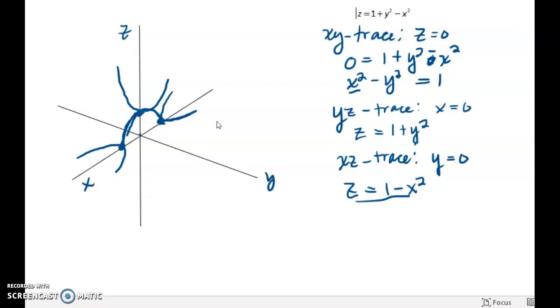So, what exactly are we looking at here? Well, if we go a little bit higher, which I think is necessary, say to the z equals 2 trace.